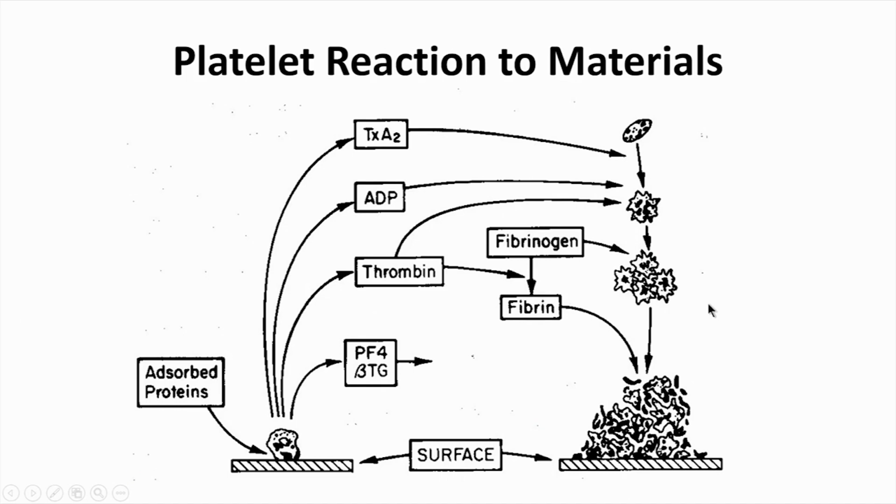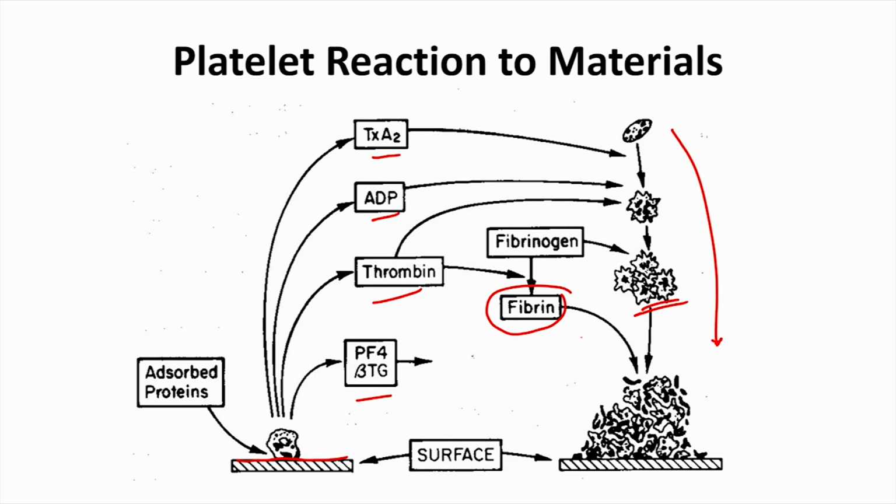So, here is just a quick example. You have adsorbed proteins on the surface to which the platelet has come and bound. This is now becoming activated. Because it is becoming activated, you have secretion of enzymes which will cause, first of all, more platelets to come in and get aggregated, and secondly, the formation of fibrin polymer through a cascade of events, and we will talk about the cascade of events in the next few slides.